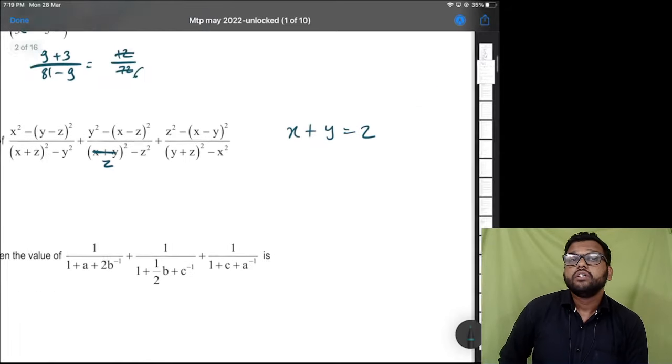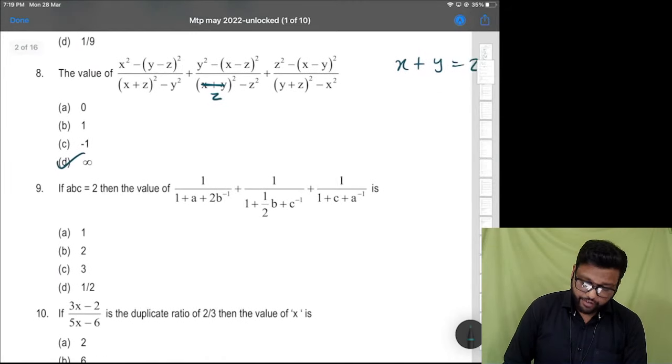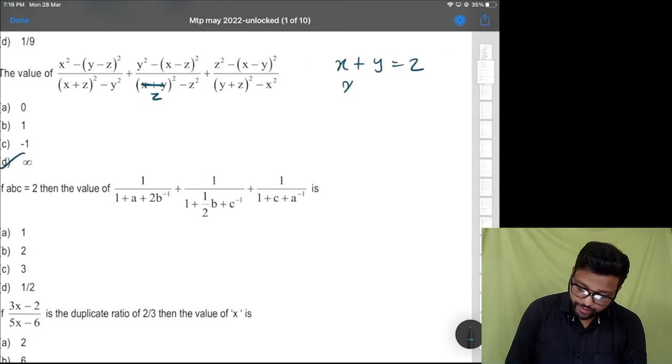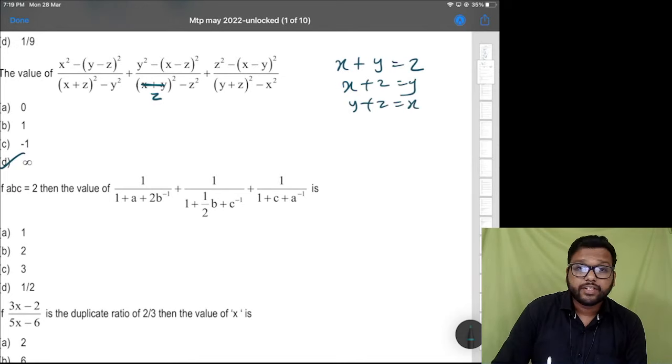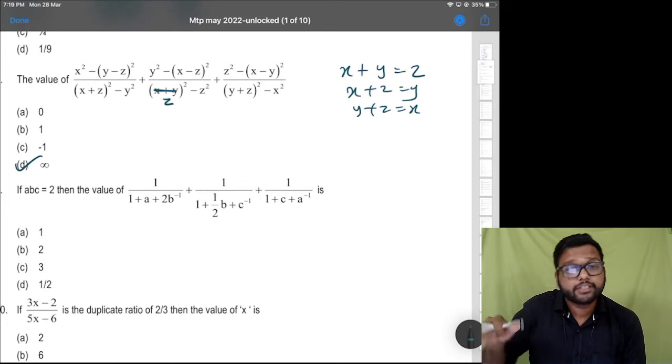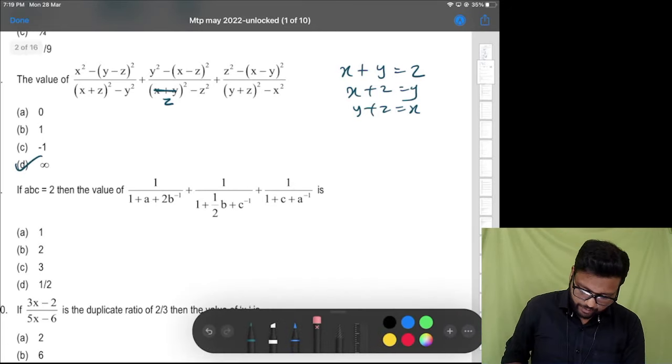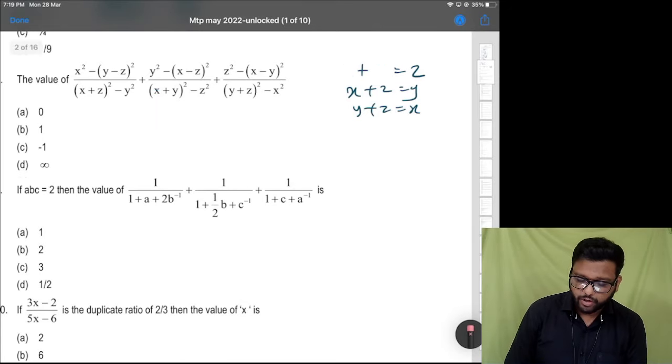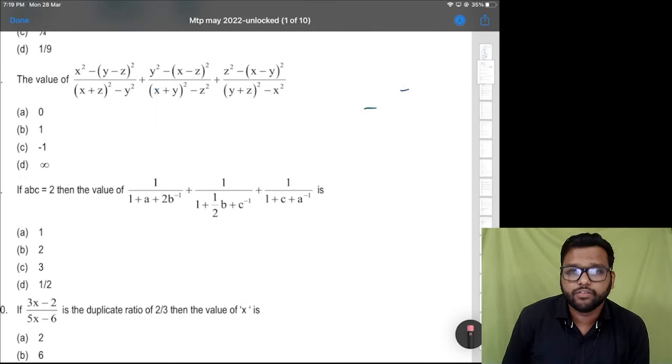So if x plus y is equal to z, or if x plus z is equal to y, or if y plus z is equal to x, then this question will give answer as infinity. But in other cases there might be some different answer. We have to check that. Now this is a kind of wrong question because they have not given sufficient information.